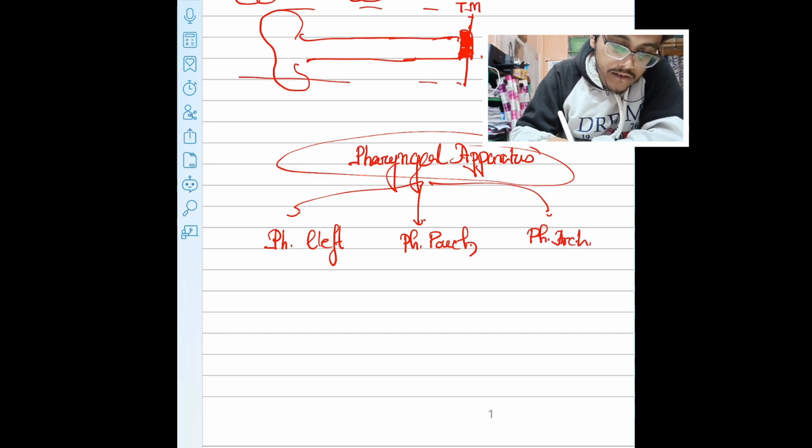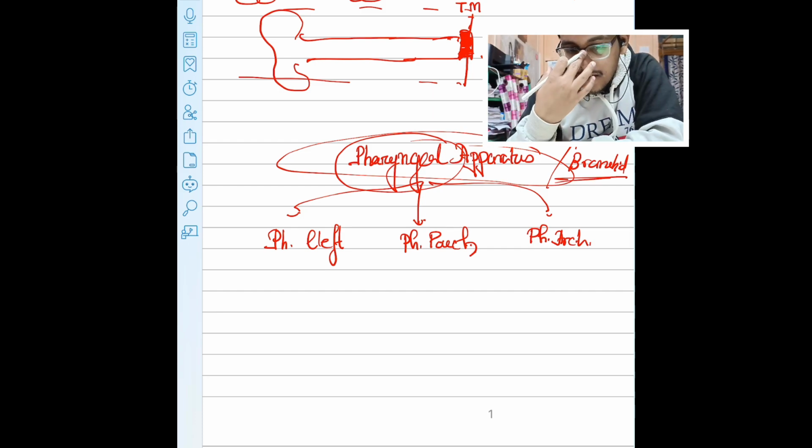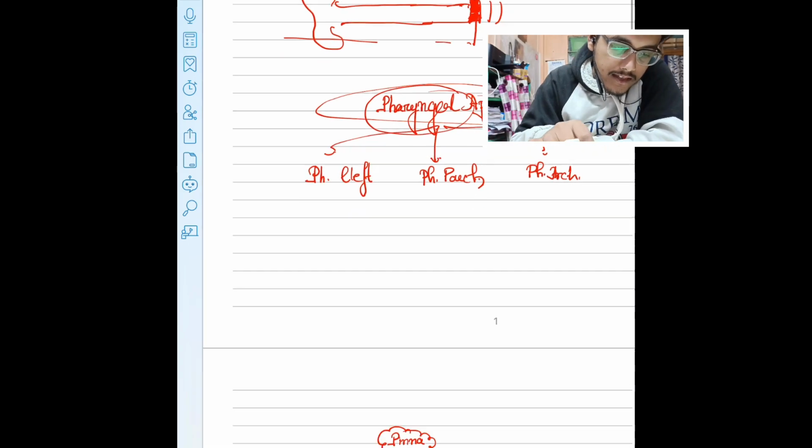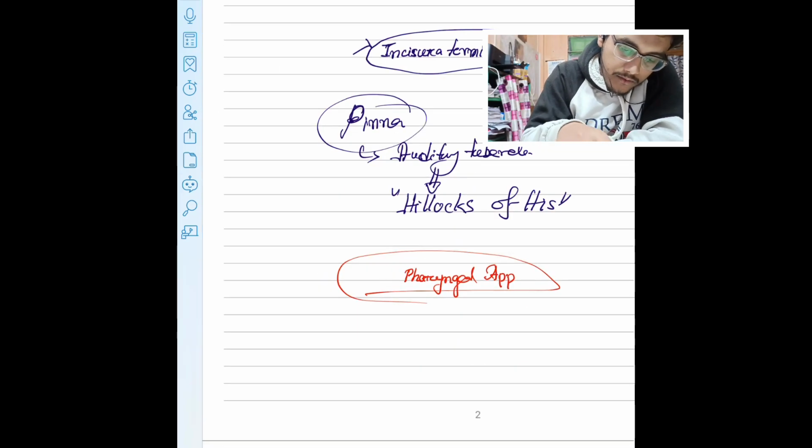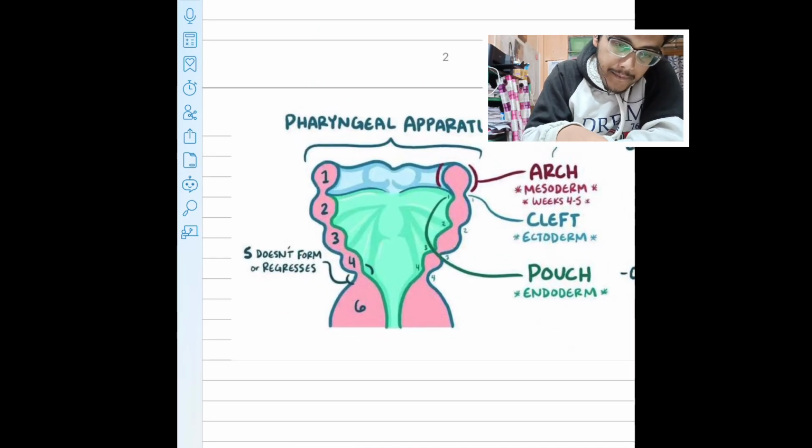One thing we have to know is that this word pharyngeal and branchial are the same. Some books mention pharyngeal, some places mention branchial. So these two are the same. Let's see one photo of pharyngeal apparatus development.